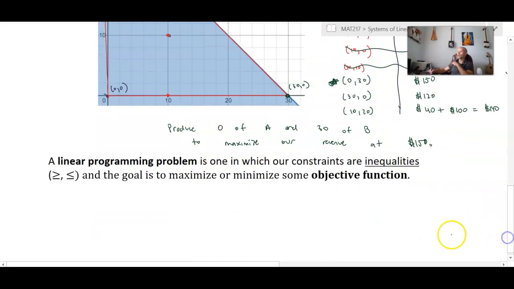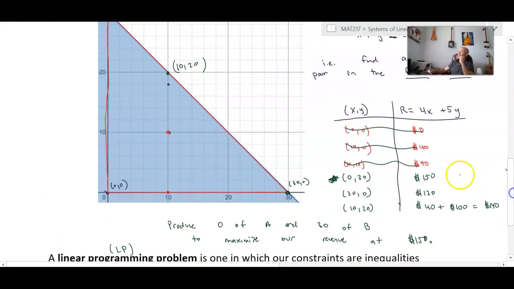And this is kind of the general basis of linear programming problems. A linear programming problem, sometimes abbreviated as an LP, is one in which our constraints are inequalities. And inequality just means not necessarily equal to. We only study greater than or equal to and less than or equal to. We don't study greater than and less than.